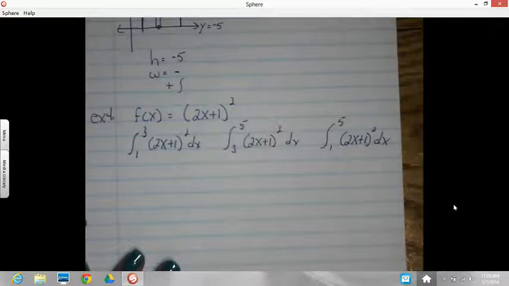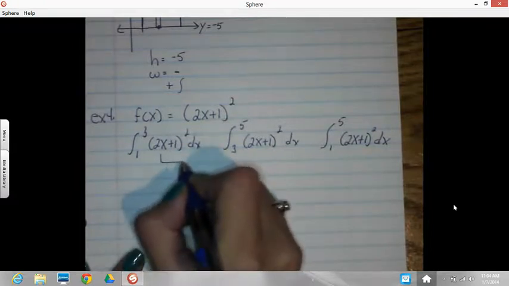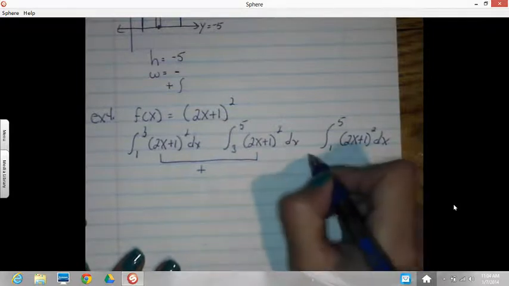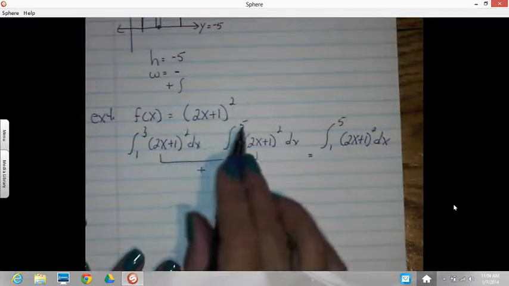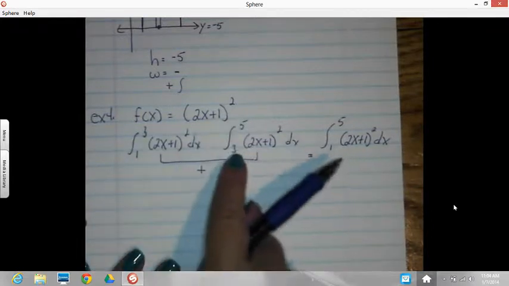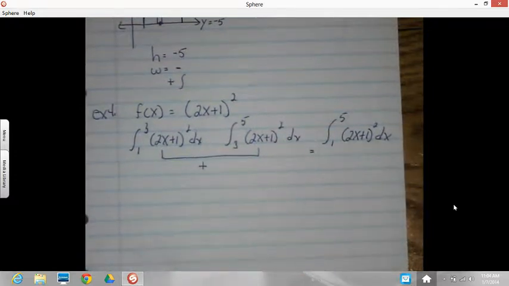Well, hopefully you can see that it makes sense that if I added these two answers together, it should equal this one. Because this is essentially going from 1 to 5 when I put these two together, because they're connected at the same boundary there. So that's our conjecture, and we're going to work it out to see.